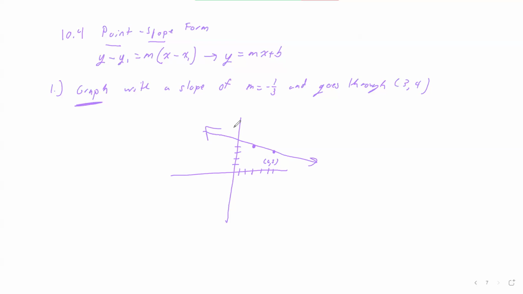So I went right 3, up 4. So then the slope, because the negative applied to the top, told me go down 1 and then right 3.